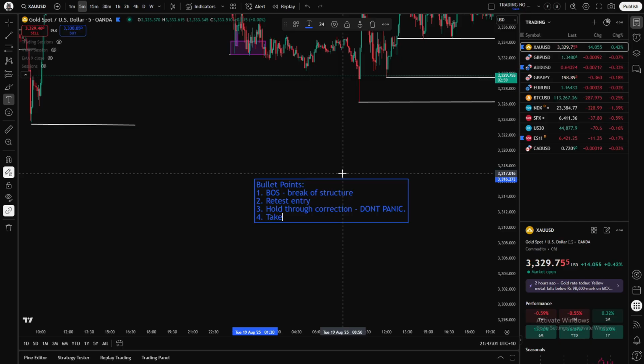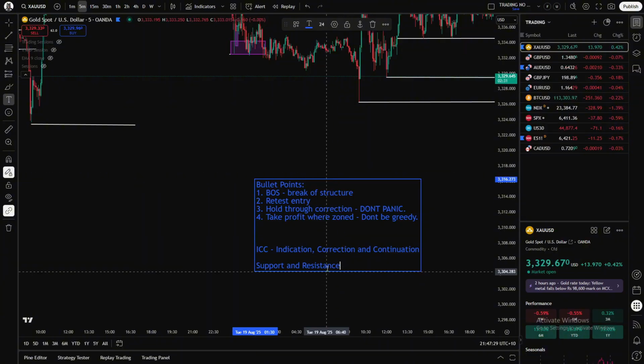Take profit where zoned. Don't be greedy. That's it there. This is ICCC, which is indication, correction, and continuation. And then we have support and resistance.